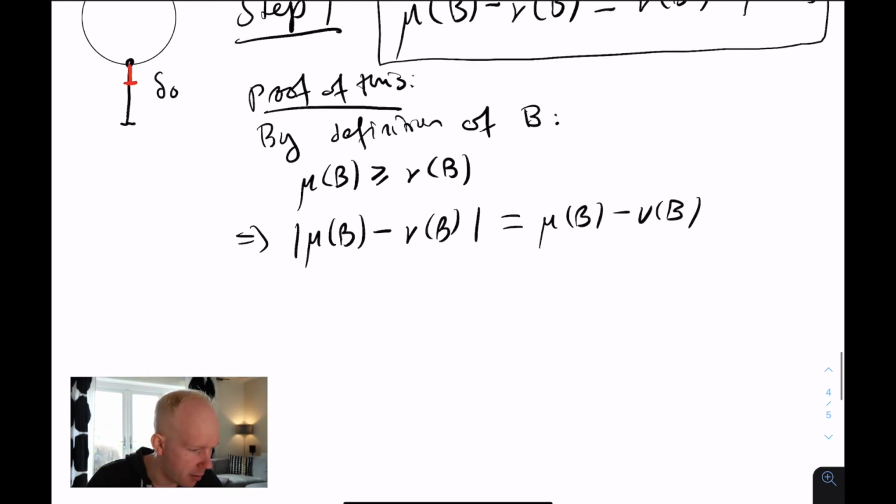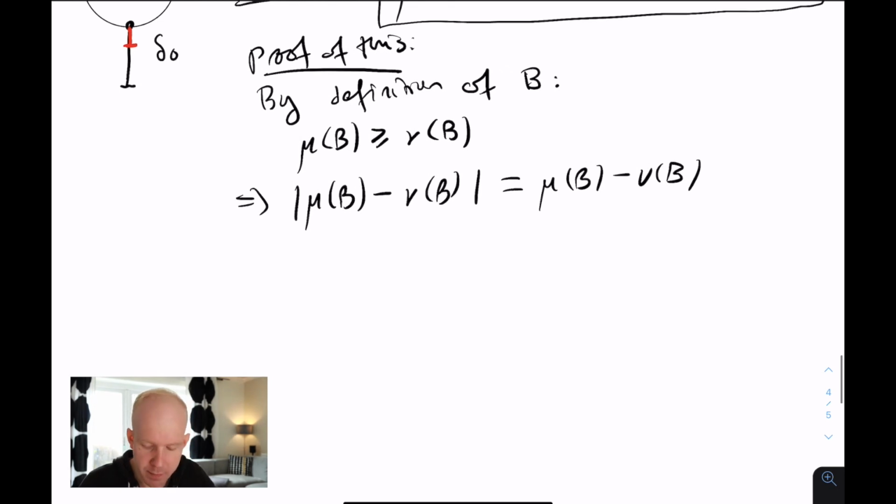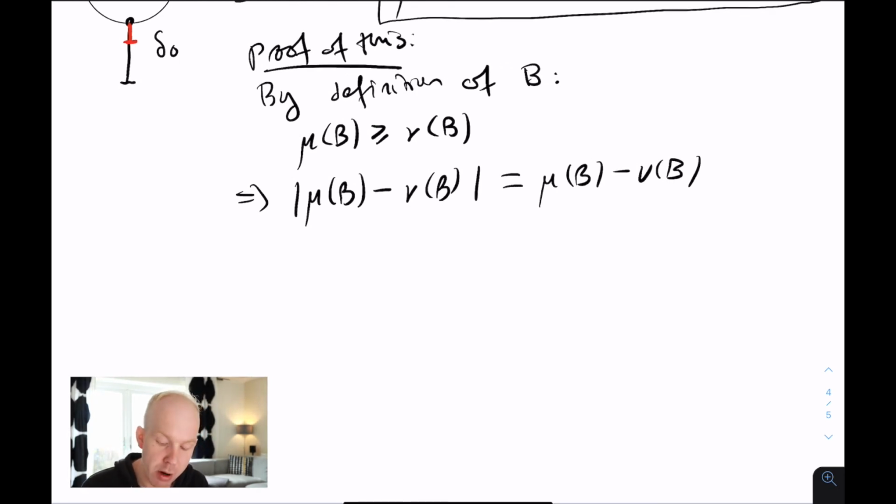And then if you remember from the previous lectures, when we talked about probability distributions, defining this notion of a measure, it has this additivity property. So if you have 2 disjoint sets, for example, and take their union, then the union has the measure given by the sum of their elements.